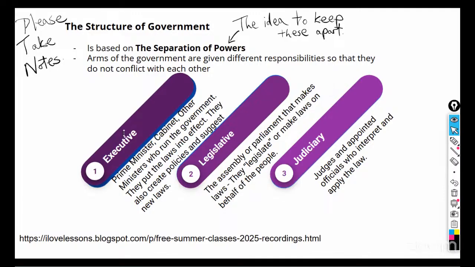All right. So then we have these little explanations underneath each arm. So the executive is made up of the prime minister. So this is who is in it. So we have a prime minister, we have a cabinet, and then we have any other ministers who run the government. Who is in the cabinet?